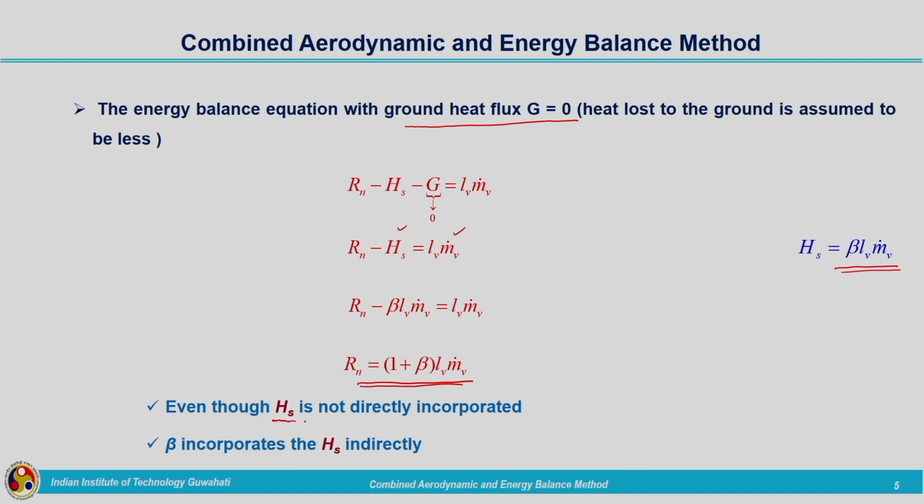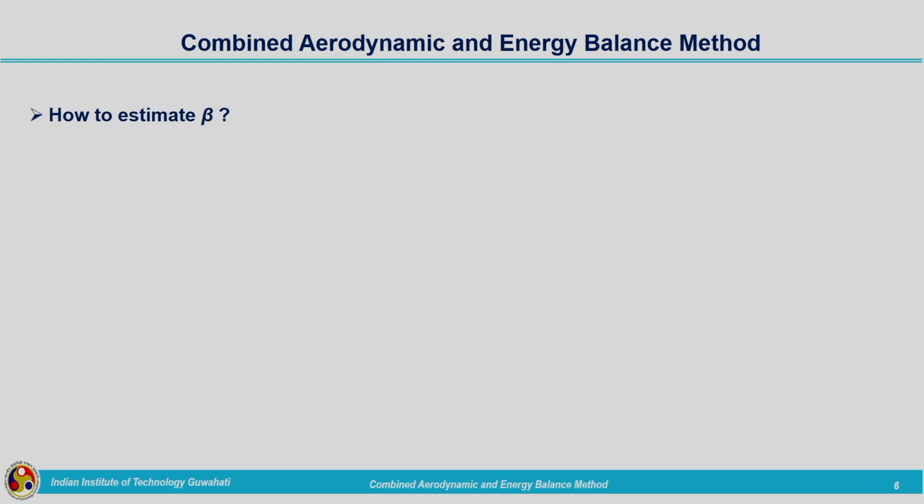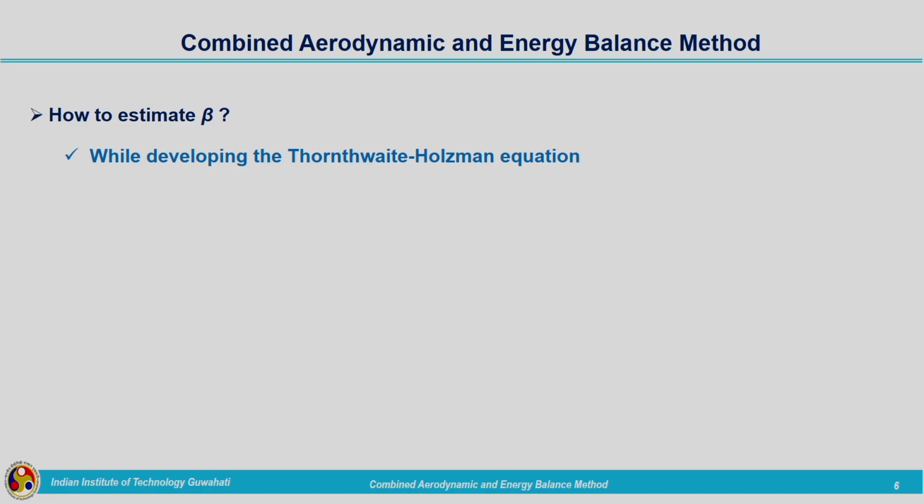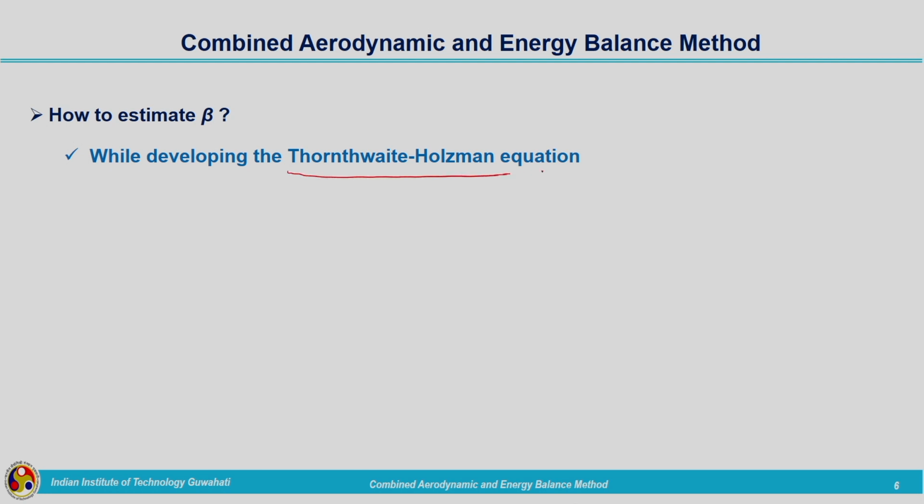Even though we have not directly considered Hs, indirectly beta is dictating the effect of Hs. Now, the next question is how to estimate the value of beta. We go back to the Thornthwaite-Holtzman equation, which was derived based on the aerodynamic method. While developing it, we considered two transport processes and combined them together: vapor transport and momentum flux.